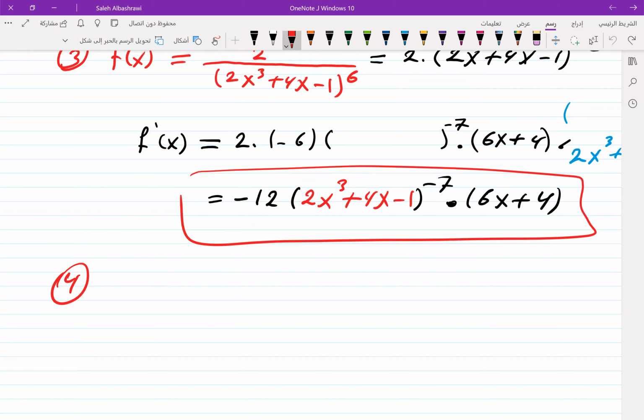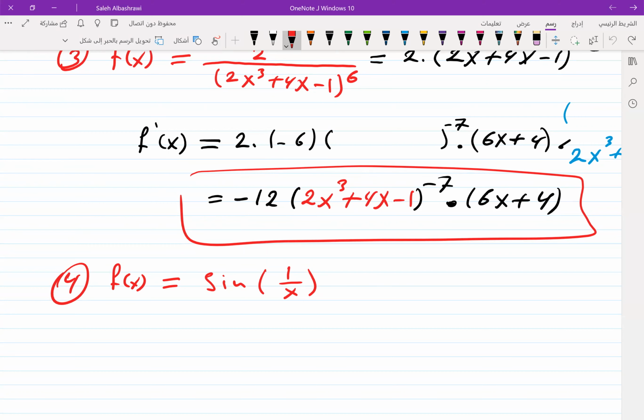Let's think about a trigonometric function. f(x) equal to sine of 1 over x. Let's see how many functions I have. We know the derivative of sine x will be cosine x.